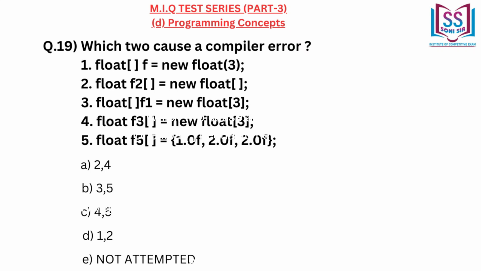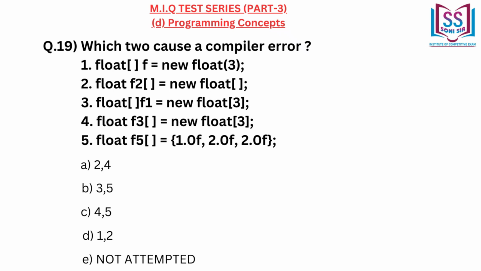Which cause a compiler error? 1. float f = new float(3); 2. float f2 = new float(); 3. float f1 = new float(3); 4. float f3 = new float(3); 5. float f5 = 1.0f * 2.0f * 2.0f. A. 2 and 4.